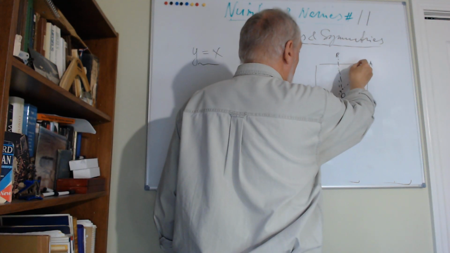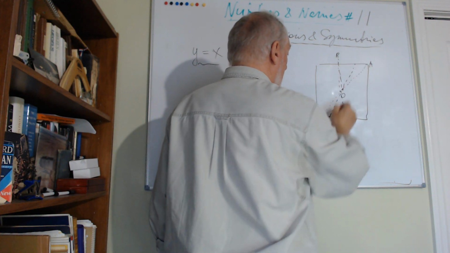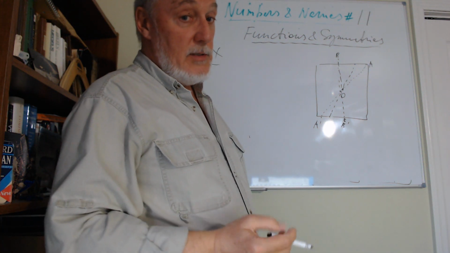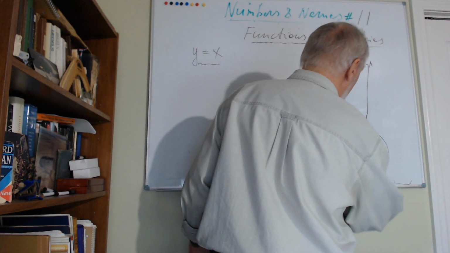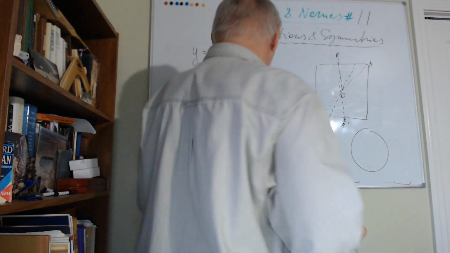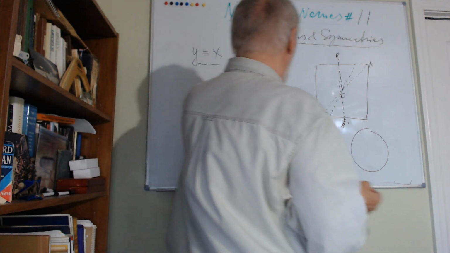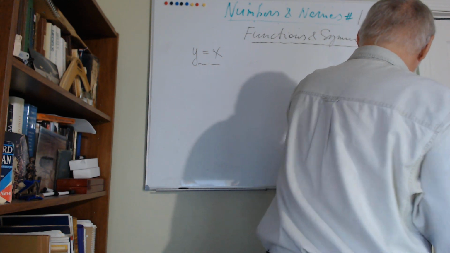Each point, when you go through the center, has a point at the same distance from the center. You see? So this is called central symmetry. Very important one. Like the circle has central symmetry. Many figures actually have central symmetry. You'll think about it, and we will talk about something like this today. Okay.